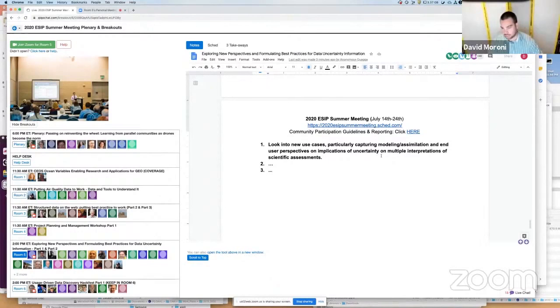Yeah, I wanted to include this other part because this came up as something that we never really explored in the first white paper, this multiple interpretations of scientific assessments. And I didn't want to make this its own takeaway item, just because I wanted to leave room for other takeaways.